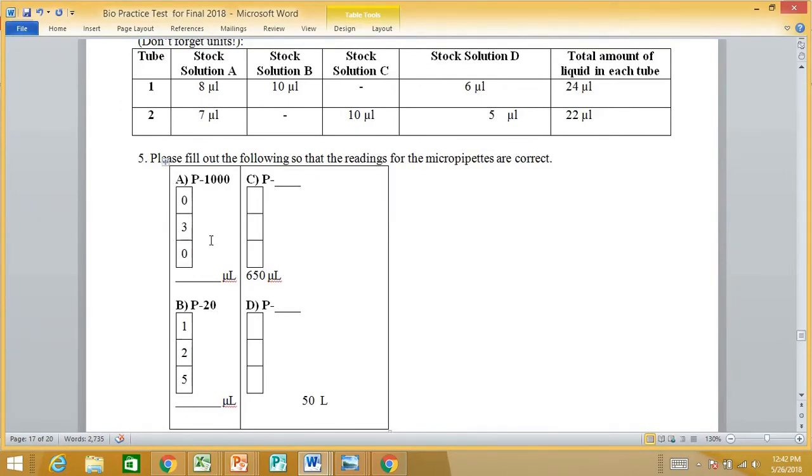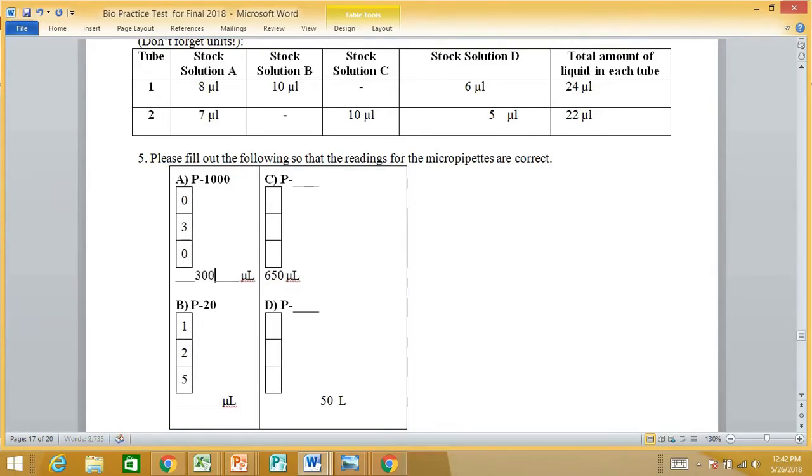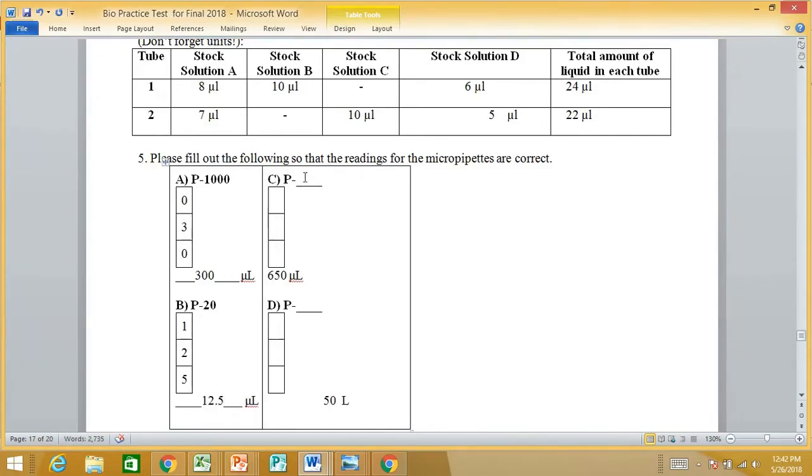If you're using a P1000 and it says 030, that's going to be how many microliters? 300. If you're using a P20 and it says 125, that's going to be 12.5. And if you have 650 microliters to pipette, you're definitely going to be using the P1000. And you would write it with a 6, 5, 0.